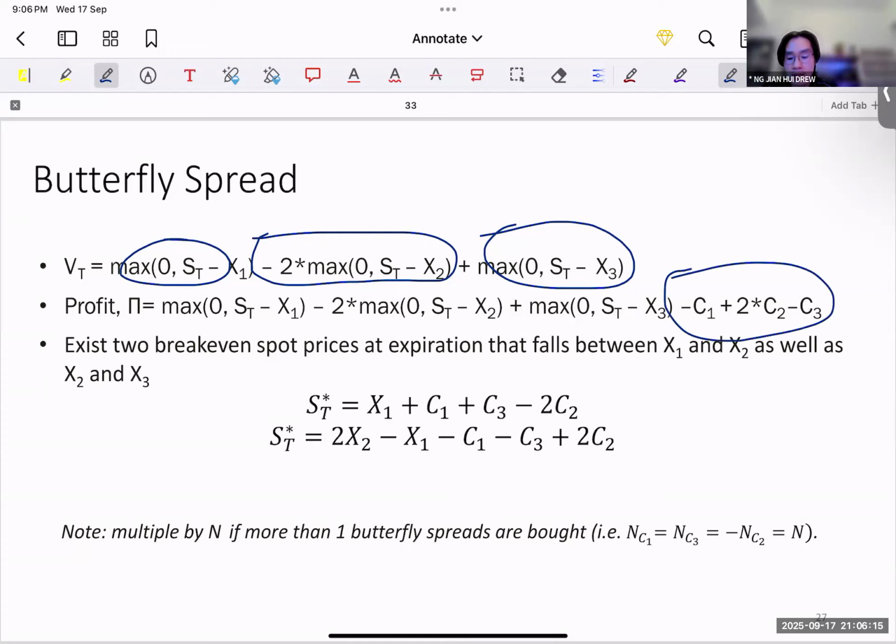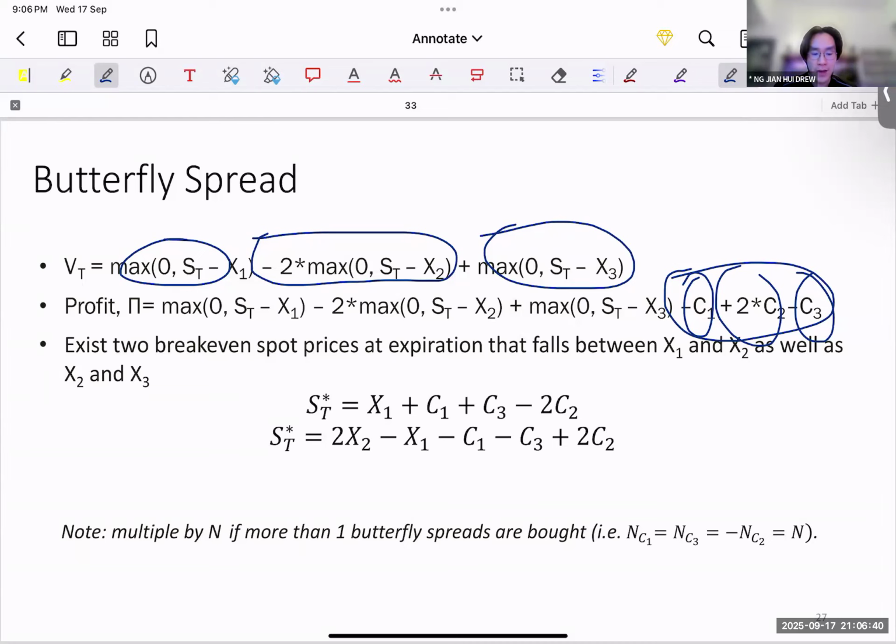And our cost is the cost of the long positions, which is our first call at X1 and third call at X3. Of course, our short positions are where we get money, right? We are shorting the calls, so we get some money there. Okay.